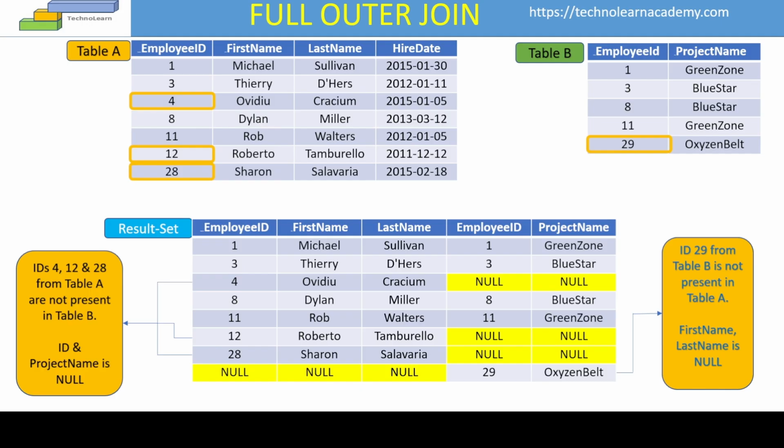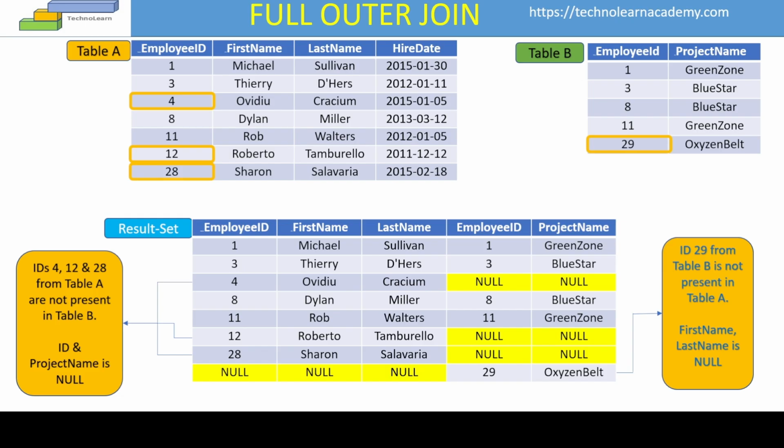So we can observe that whenever we apply the full outer join, each value of the matching column will match with the other table. If the match is found, then we will find the detail. If the match is not found, then we will have null values for the respective table.